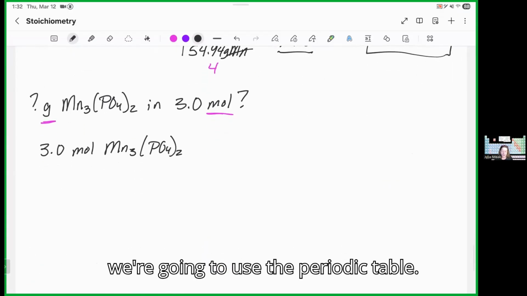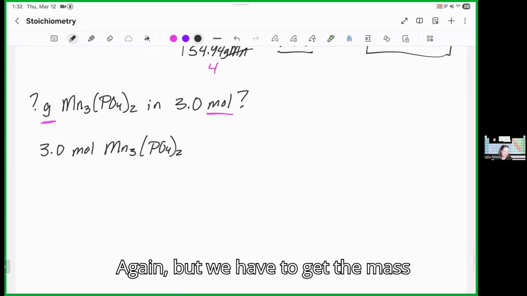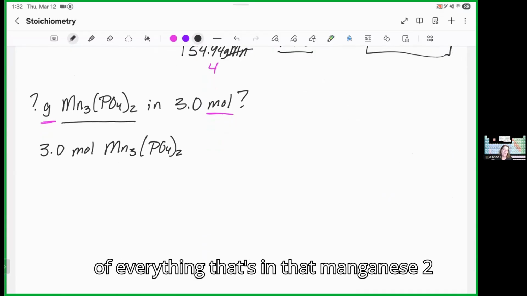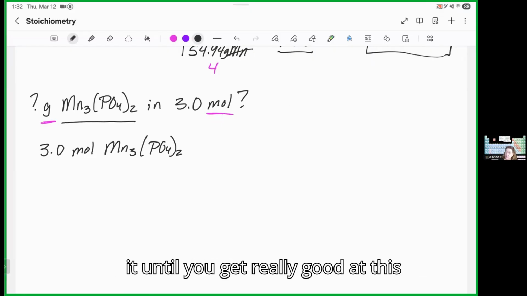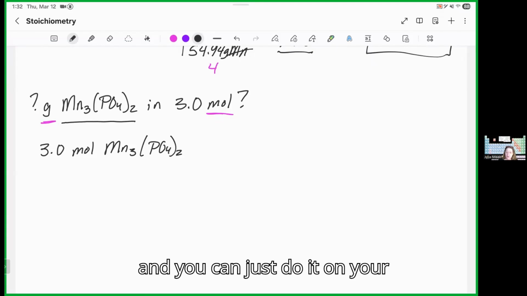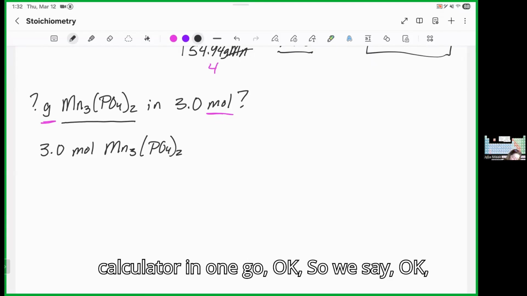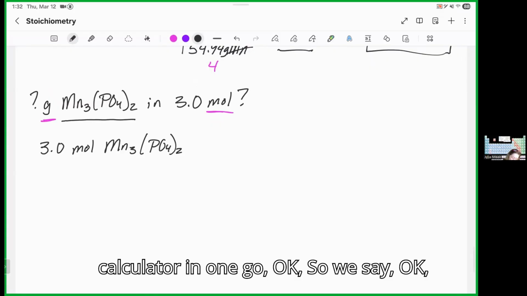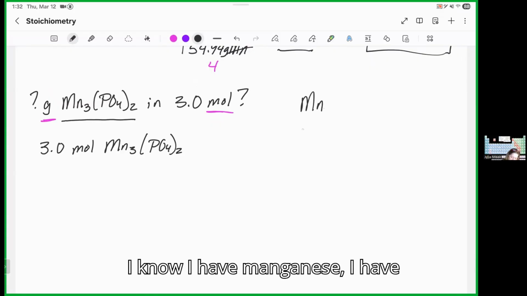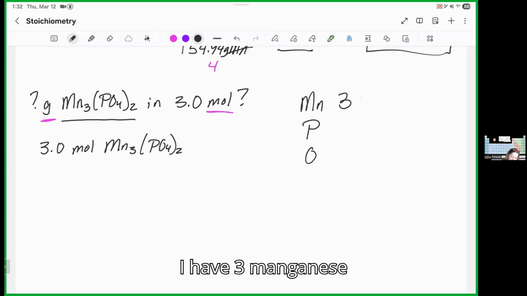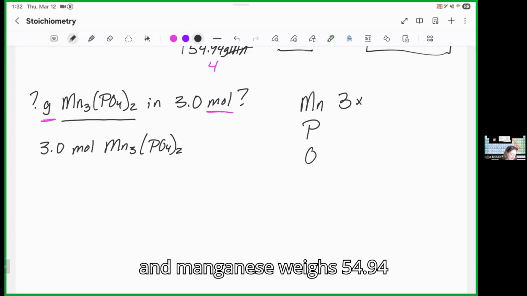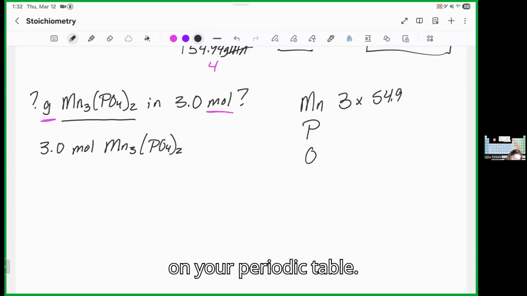Now we're going to use the periodic table again, but we have to get the mass of everything that's in that manganese 2 phosphate. Your easiest way to do it until you get really good at this, and you can just do it on your calculator in one go, is to say I have manganese, phosphorus, and oxygens. I have 3 manganese, and manganese weighs 54.94 on your periodic table.